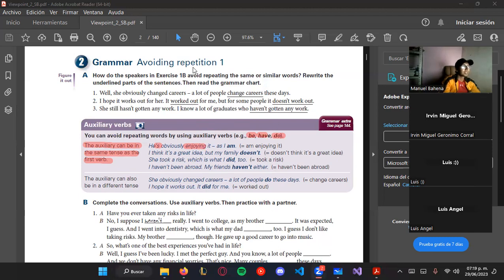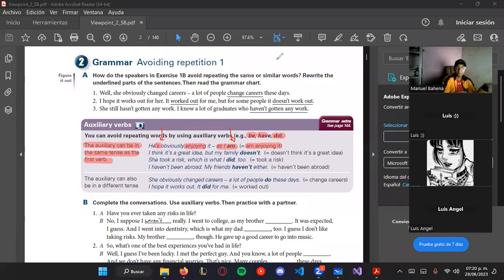And how we avoid repetition here using an auxiliary is as I am, which is the same as saying I am enjoying it. Just by saying I am, which is in the same tense as this one, right? As the is. Don't you think? ¿No piensan que es lo mismo? Yes, right? Because we're using which verb? ¿Qué verbo? The verb what?